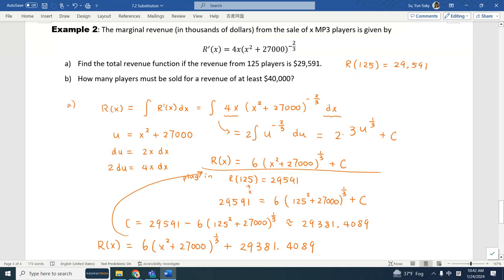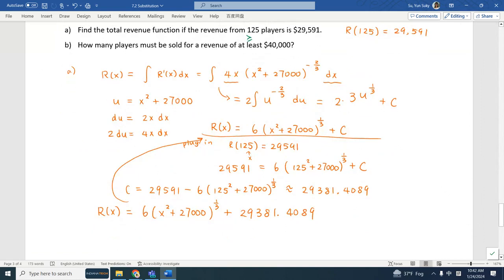We have part B. How many players must be sold for revenue of at least, bigger or equal to 40,000? So here, part B, we're looking for the x such that our revenue function is greater or equal to 40,000.